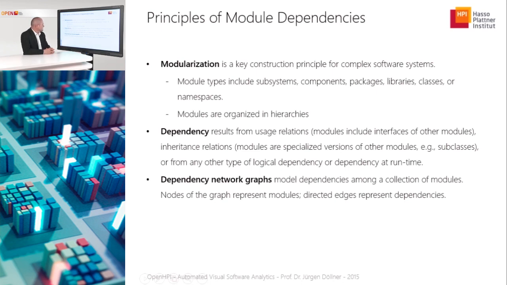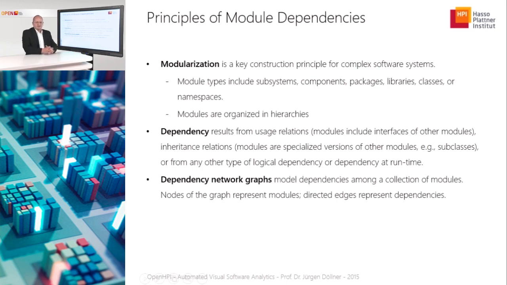In addition, dependency results always if there is any logical dependency or any other kind of relationship between two or more modules. They can be detected by static source code analysis or even by analyzing runtime information.